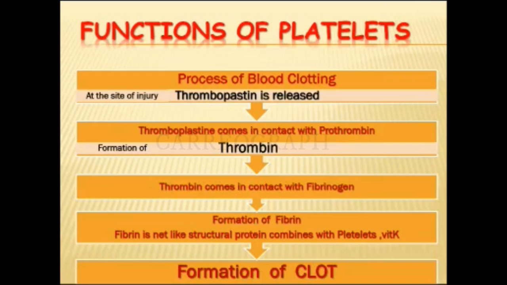Fibrin is a net-like structural protein which combines with platelets and vitamin K, forms a clot, and thus arrests bleeding. So friends, this is the important function of platelets which helps in the process of blood clotting.